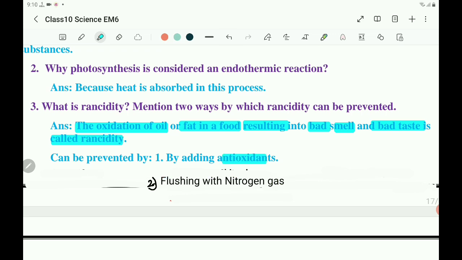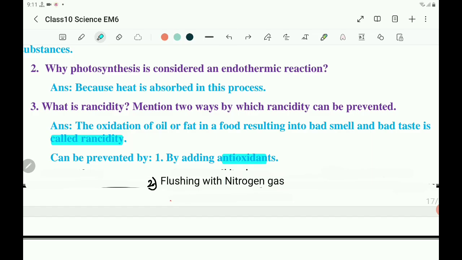What are antioxidants? Antioxidants prevent oxidation. There are natural antioxidants like vitamin C, which is also called ascorbic acid, and vitamin E, which is also called tocopherols, and synthetic antioxidants are also there. You can add an antioxidant like vitamin C, vitamin E, or also nitrogen gas.